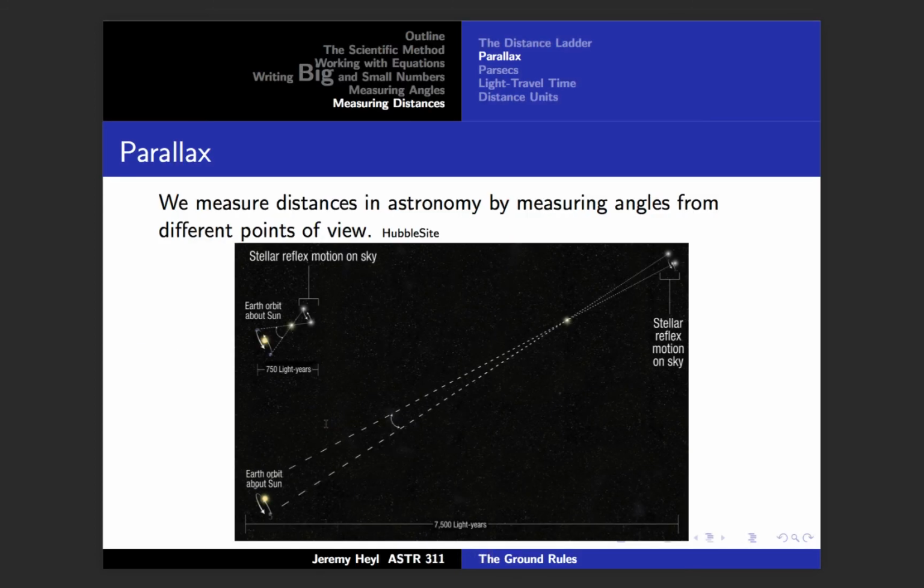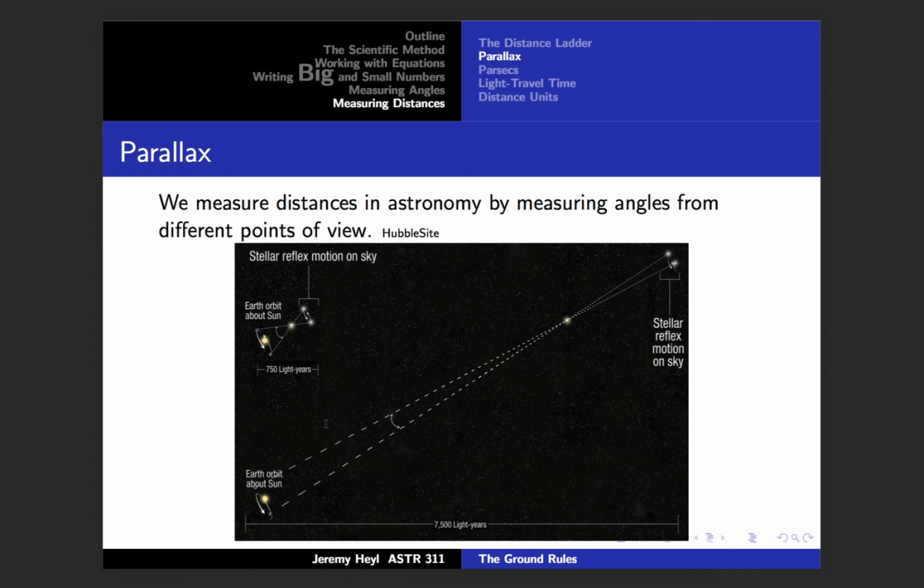And this is how it works. So as the Earth goes around the Sun, that's down on the bottom left corner of the plot, if we look at a star, what the star will appear to do in the sky is trace a little circle.